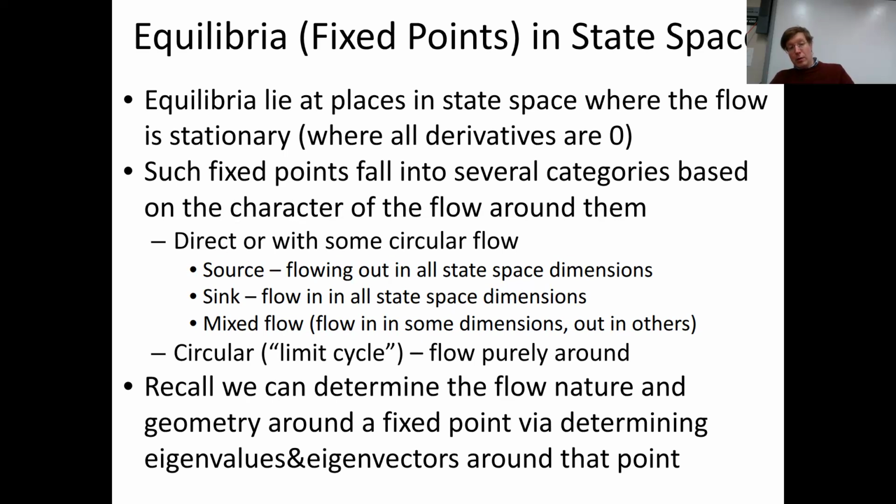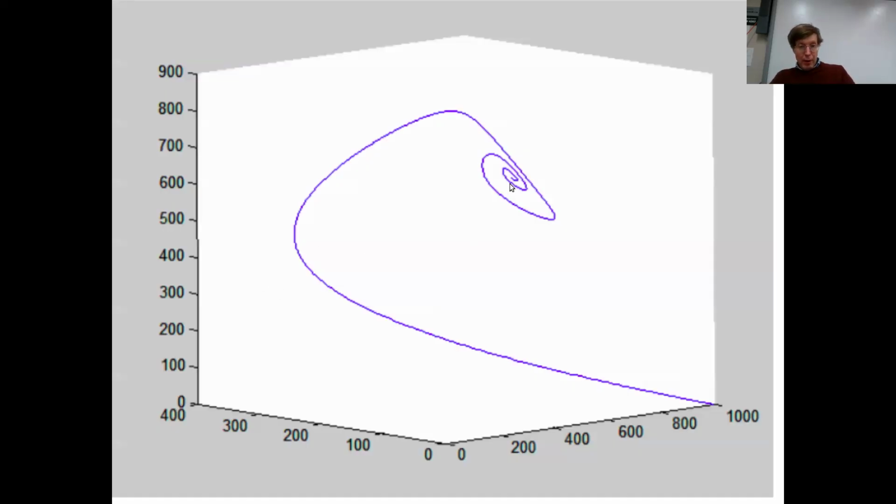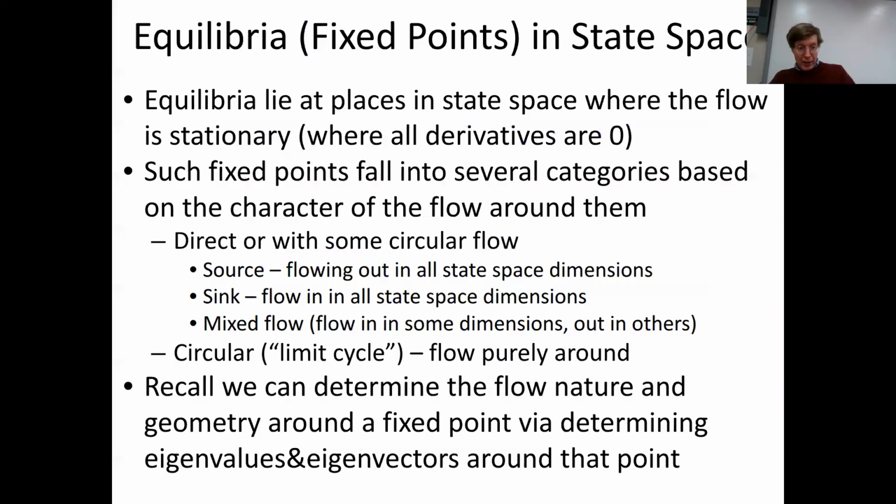You can get these sort of attractors that pull things in. You could get limit cycles where the system cycles around a certain point, like with predators and prey. And you can actually get that in some health models, including some I've provided to you in the model library.